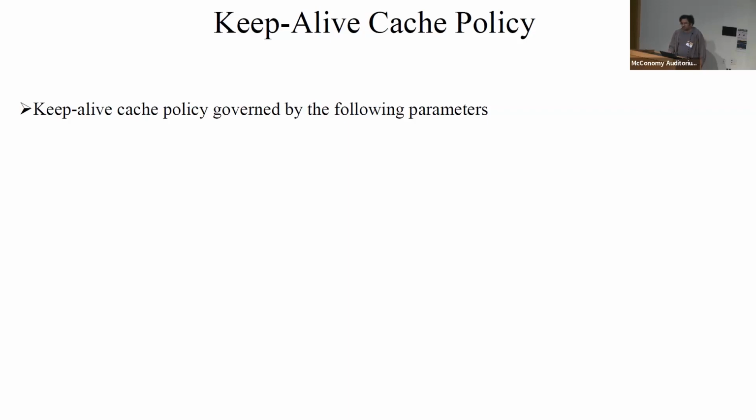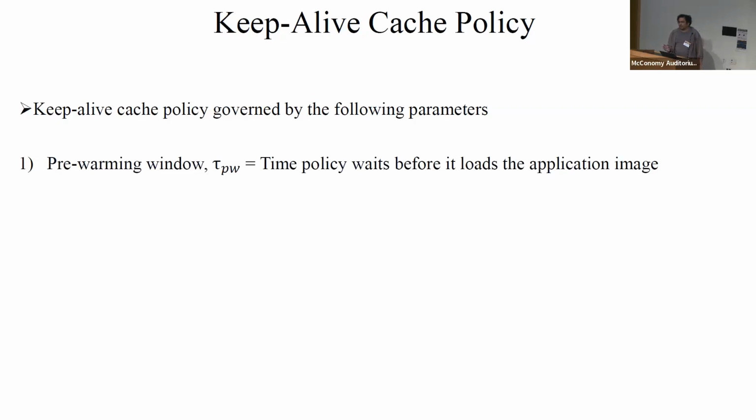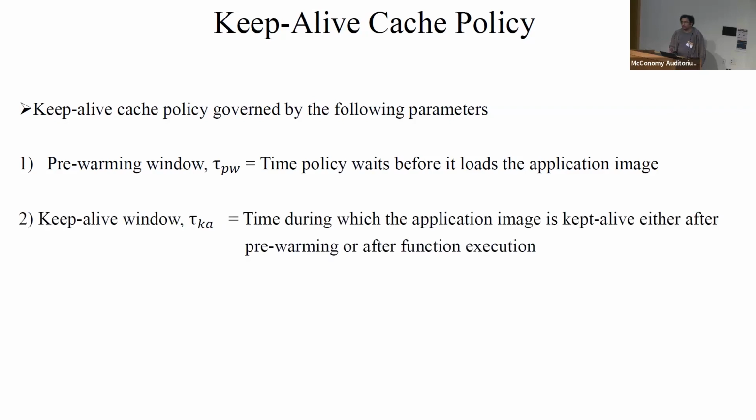The first is a pre-warming window, which is the time the policy waits before it brings in an item, or say an application image, into the cache. And the second parameter is the Keep Alive window, which is the time during which an item, or say an application image, is kept in the cache.